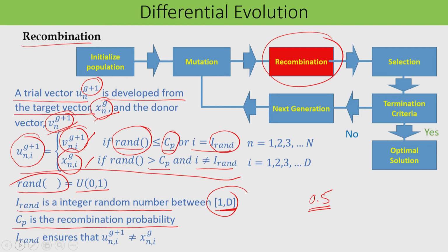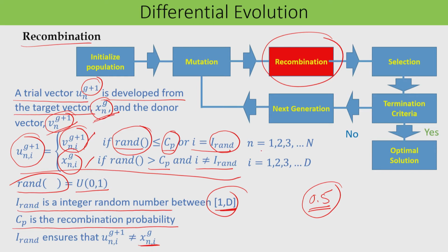So, i_rand ensures that u_n,i,G+1 is not equal to x_n,i,G. Okay. This will ensure it, because once i equals i_rand, we are certainly getting something from the donor vector. Anyway, depending upon this probability, you will get some variables from the donor vector and some variables from the target vector.